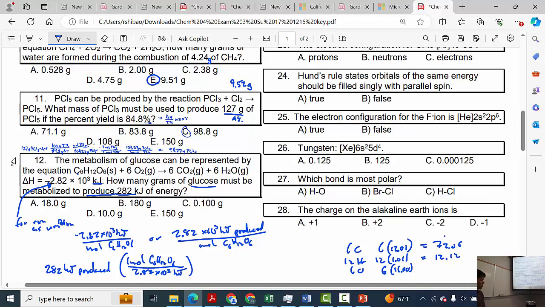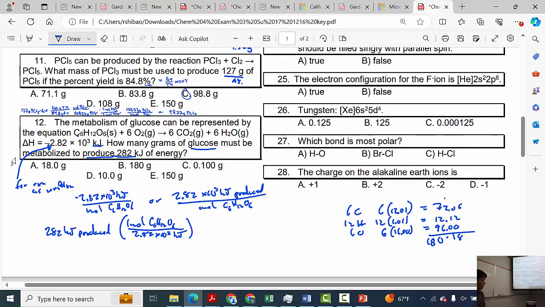So 6 times 12.01 is 72.06, and 12 times 1.01 is 12.12. 6 times 16 would be 96.00. So this is going to be 180.12. Is that correct? Yep.